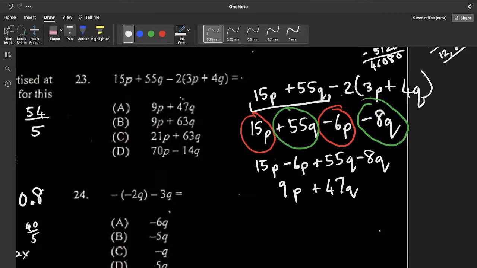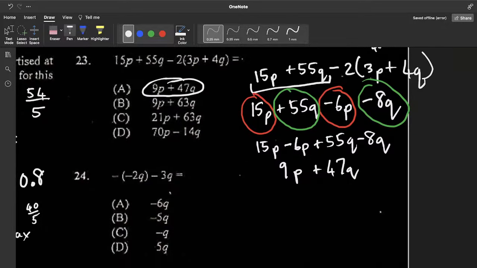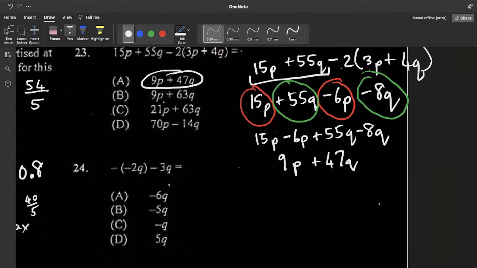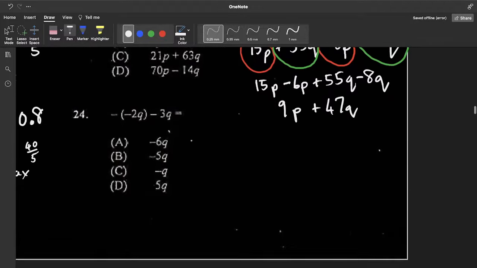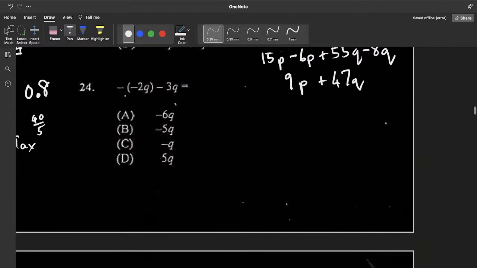So the answer is this one right here. So you have to be careful with that when you're doing it. Got to be paying attention to what you're doing, especially when it comes to the signs. That's the only thing that really gets you in problems there. So we have this here now. We say negative times negative 2q. So negative times negative would give us a positive.